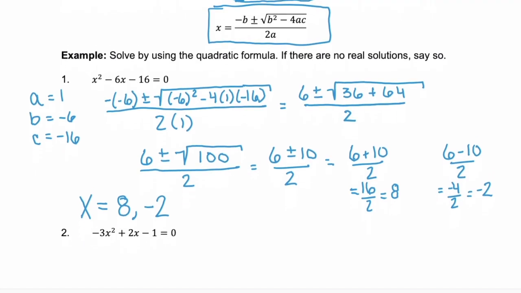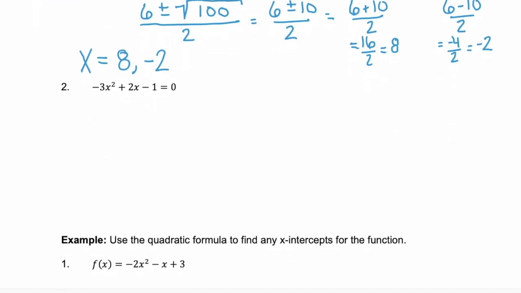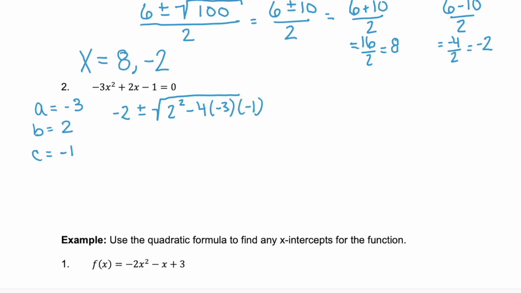Let's do another example using the quadratic formula. Again, write your values for a, b, and c. A is negative 3, b here is 2, and c is negative 1. Then plug them into the quadratic formula. Negative b plus or minus the square root of b squared minus 4 times a times c, all over 2 times a.